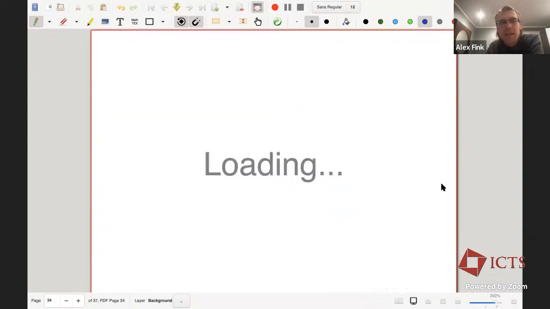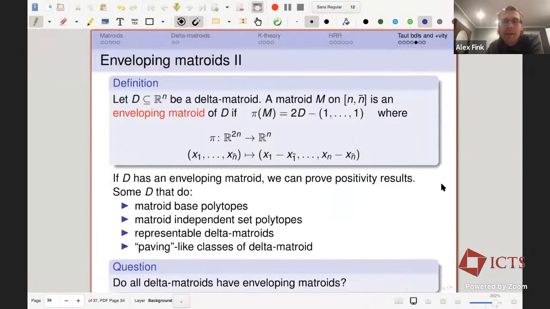So seeing that I'm out of time, I'll just say briefly, these exist often. We don't know if they exist for every delta-matroid, but they exist for a lot of the cases we care about. And if they exist, we can prove positivity results, like the ones that the matroid Hodge theory proves.